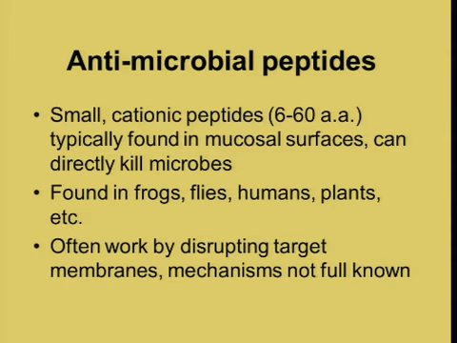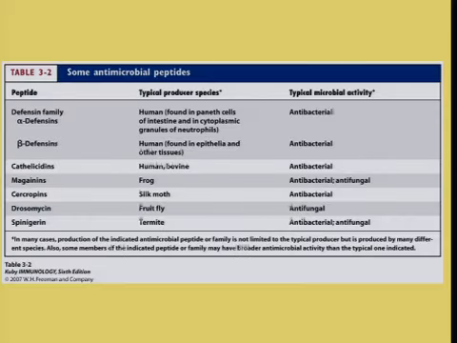And these are used as antibacterial. If you ever wonder why a dog licks his wounds, part of it is because saliva has certain antibacterial properties. These are examples of antimicrobial peptides.